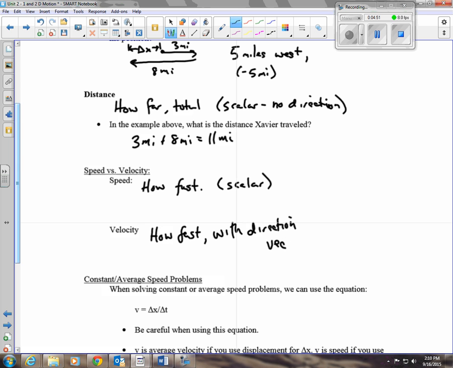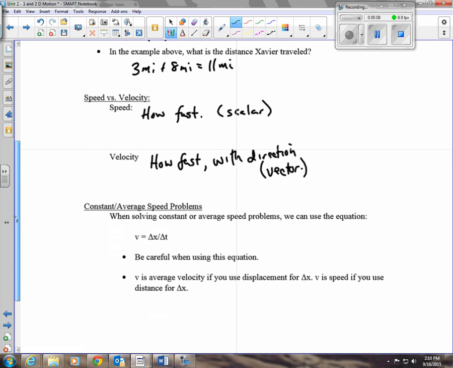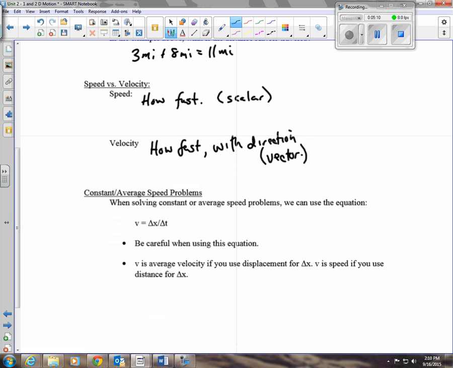So it's a vector. Like I said, we use these kind of interchangeably. If I'm driving down the street in my car and I'm going 50 miles an hour north, my speed is 50 miles an hour, my velocity is 50 miles an hour north. So it's easy to see why I use them interchangeably because the amount is the same. But we really should always have direction when we're finding velocity.